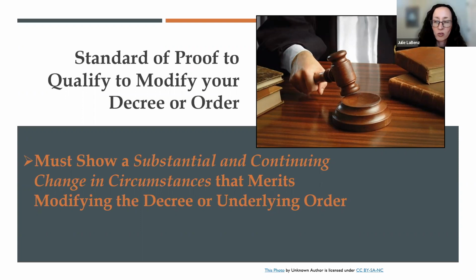But you throw that into the calculator and let's say it only changes child support by $100 a month, and that doesn't amount to a 15% change, then the court may say, oh, well, you don't qualify to modify. So in creating your strategy, you want to make sure that the things you're requesting to modify, you're going to be able to prove this substantial and continuing change in circumstances merits the modification you're requesting.